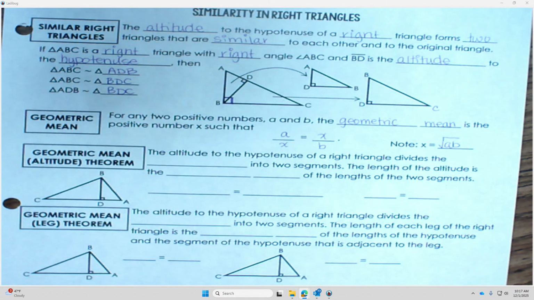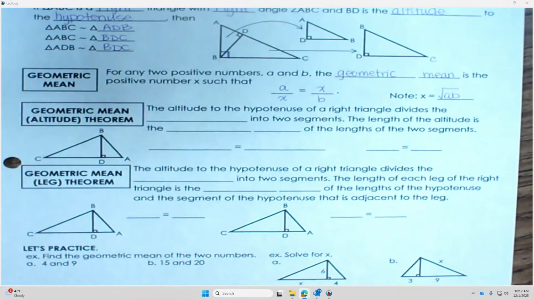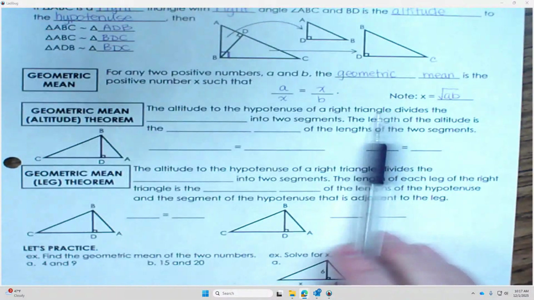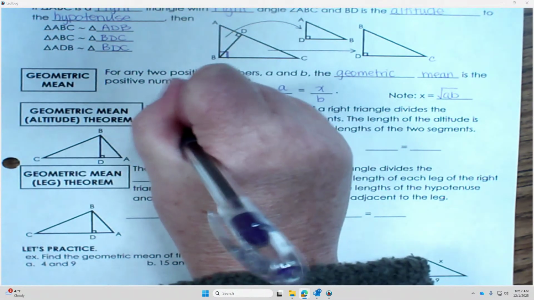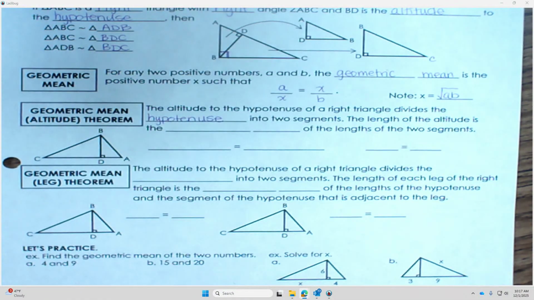Okay. All right, so we're going to now use that information to make some observations about the triangles themselves. And this is where the color coding is going to come in. The altitude to the hypotenuse of a triangle divides the hypotenuse into 2 segments.